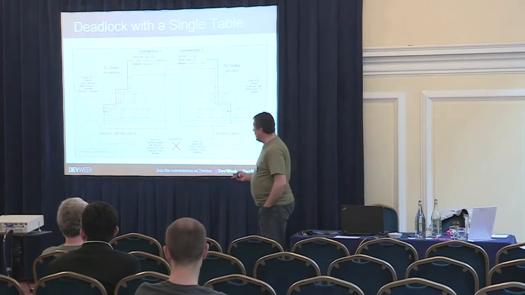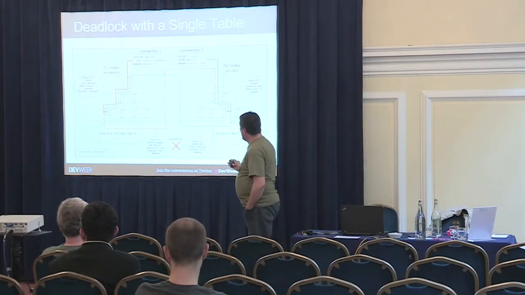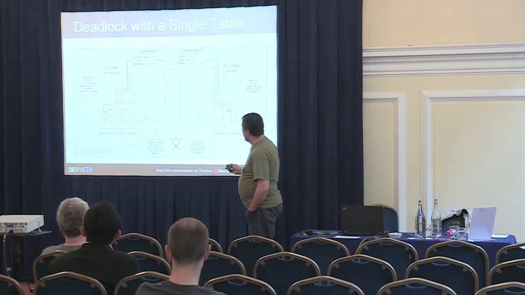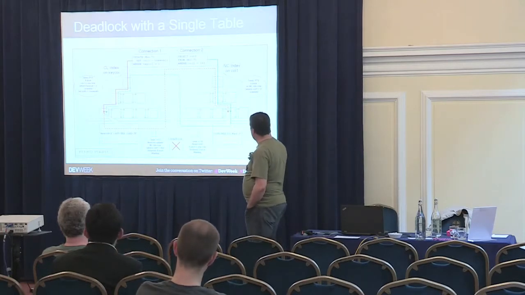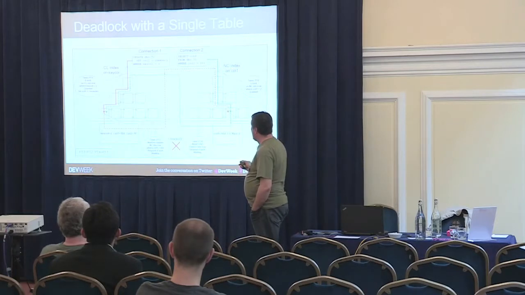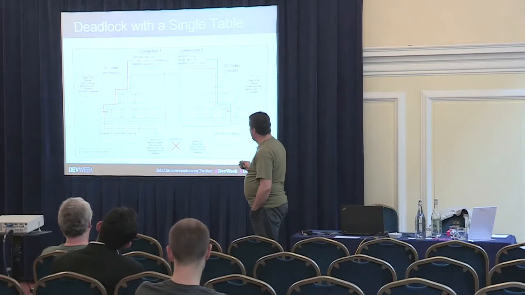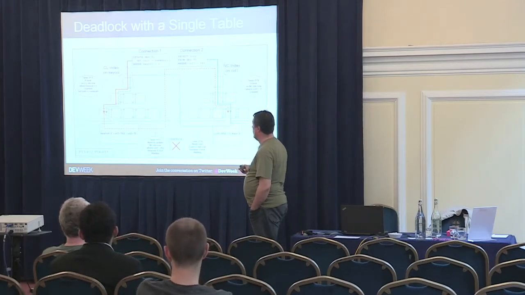So let me explain how it goes. You see, I have here a clustered index on a column called key call, and I have a non-clustered index on a column called column 1. And here I'm updating the table, set column 1 equals new value, where key call equals 2.